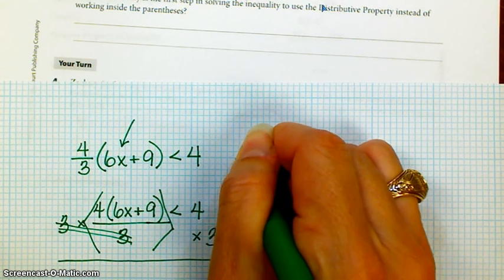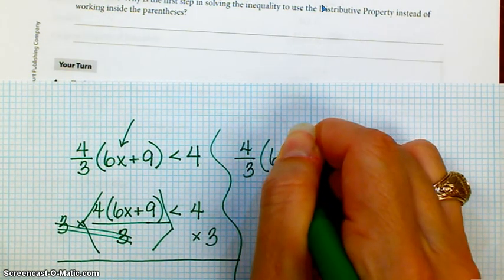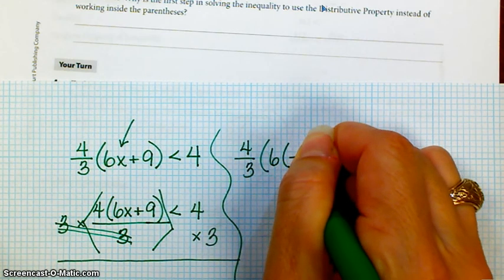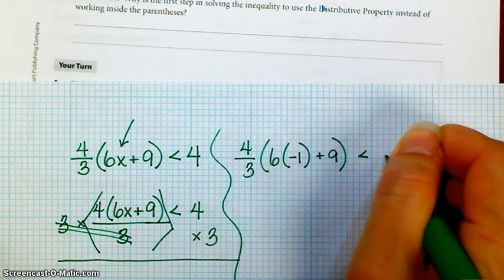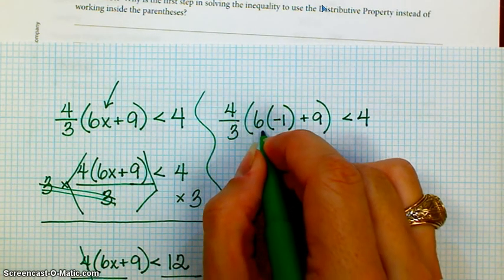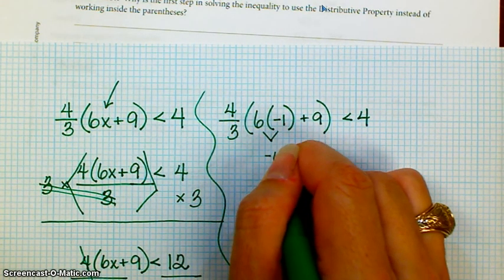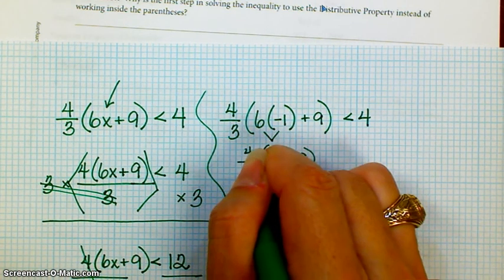4 over 3, 6 times negative 1, plus 9 is less than 4/3. 6 times negative 1 is negative 6, plus 9 is 3.